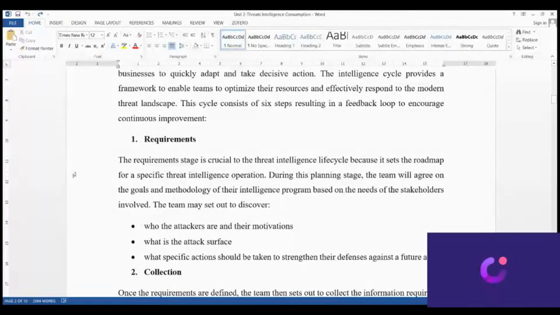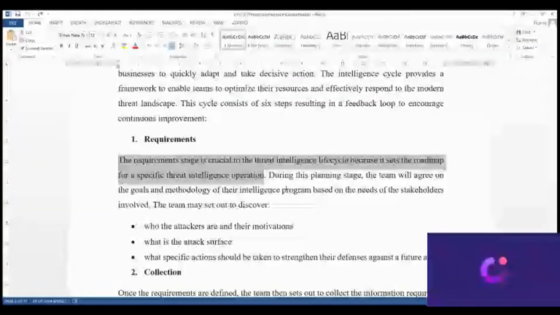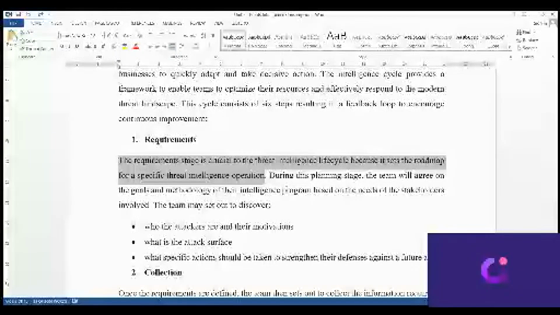So this is a crucial part of the threat intelligence life cycle because it sets up the roadmap for specific threat intelligence operations. It's more like the requirements you gather when developing software. It's the same in this context.